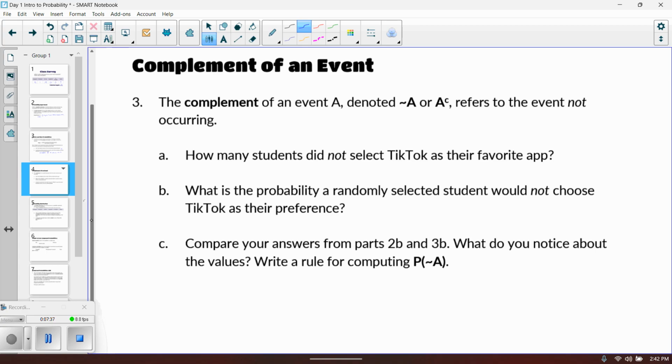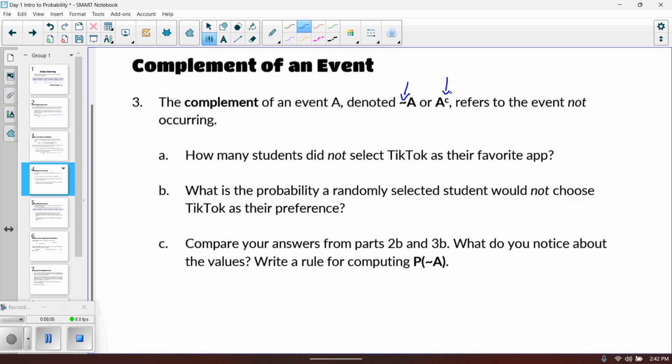And the way we denote that is with this little symbol right here. It looks kind of like a little squiggly line. I believe it's called a tilde in the Spanish language. Or you can do A with a little c almost as an exponent, which just indicates it's a complement. Both of those basically mean what is the probability that that event did not happen.